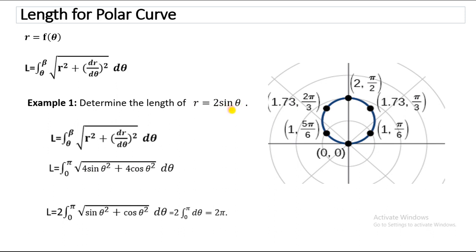Squared, it is cosine square theta. The integration from 0 to pi of the square root of sine square theta plus cosine square theta, which equals 1. The square root of 1 is 1. The integration of d theta is theta, from 0 to pi, so I have pi. So the length of this circle equals pi.